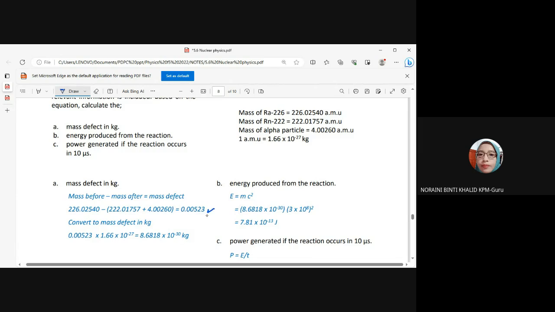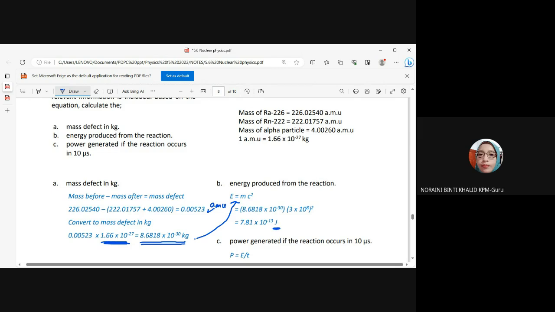Okay, sudah dapat AMU, ini dalam AMU, you convert to kilogram. Macam mana convert? Multiply dengan 1.66 times 10 power negative 27. So kita dapat dalam kilogram. Okay, sudah dapat kilogram, barulah ganti dalam formula ni. M dia mesti kilogram. C, speed of light. So your answer will be in joule. Okay.